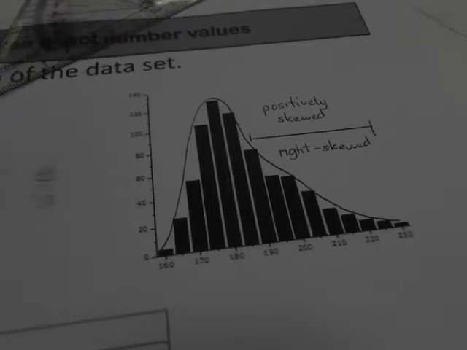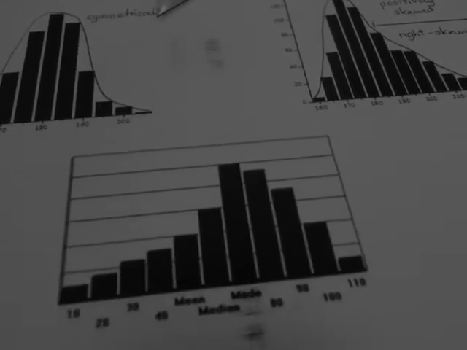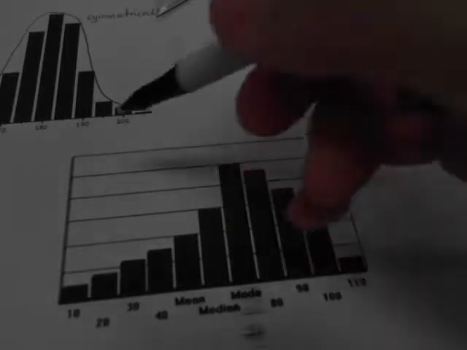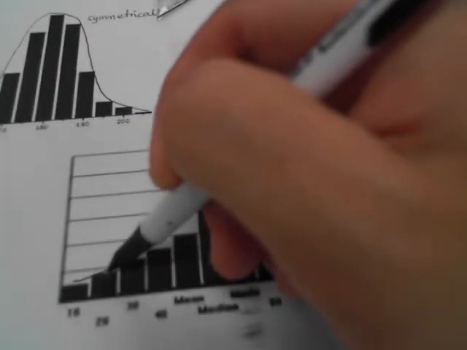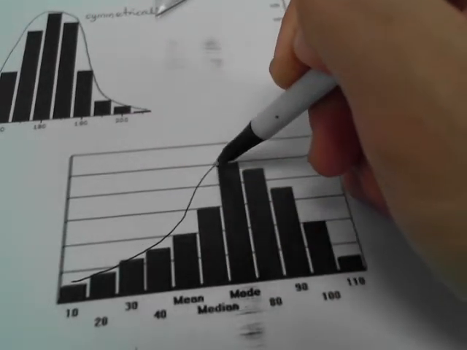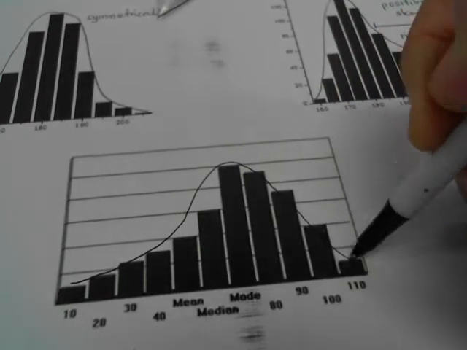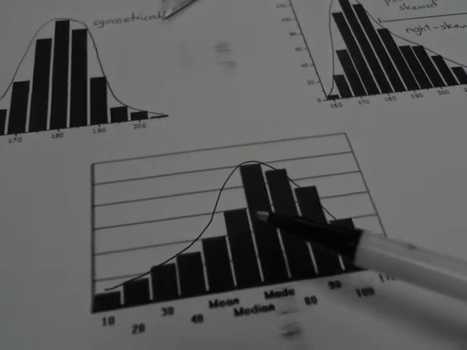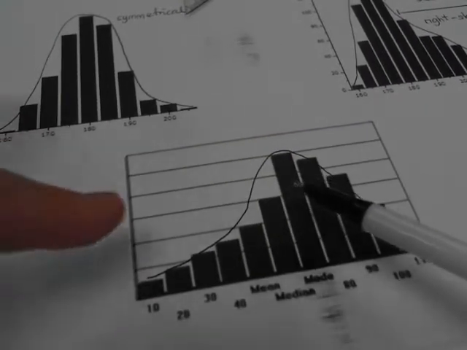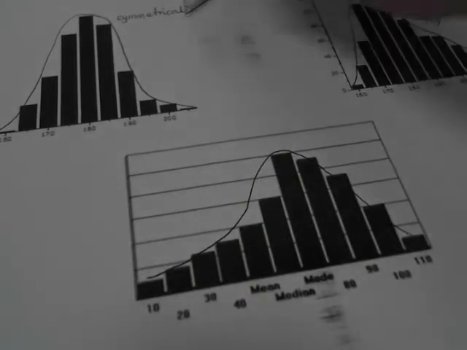Everyone good with this so far? Now we turn to this graph here. If the graph before was positively skewed, what about this one this time? All we need to do is just to draw something like this. Do we notice that this particular graph is actually skewed towards the left hand side?